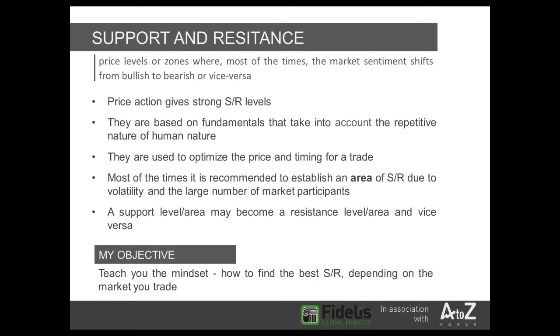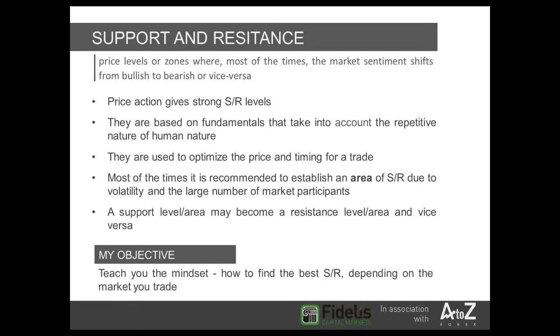So you will see that the price is on all kinds of charts making highs and lows. Basically, support and resistance are levels or areas, price levels or areas where most of the times the market sentiment shifts from bullish to bearish or from bearish to bullish.